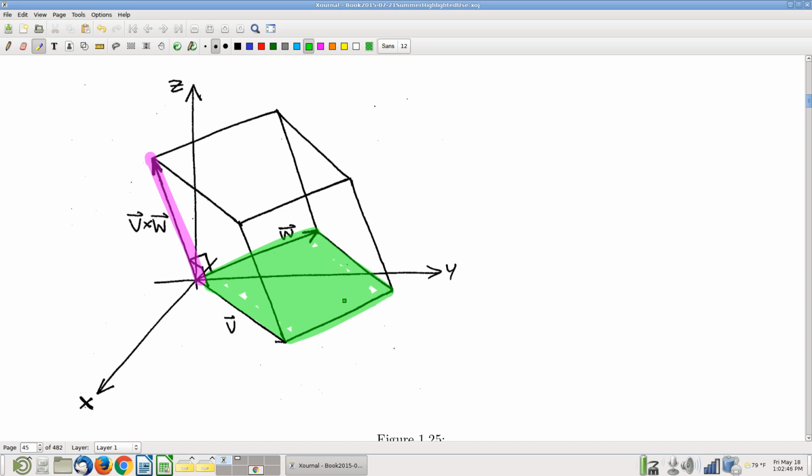Y'all remember the formula for volume of a cylinder from high school geometry? So volume is equal to area of the base times the height. I mean, this is at some angle, but who cares? They're perpendicular. That's the point. So the area is the area of the parallelogram that I'm interested in, and the height is the length of the cross product.